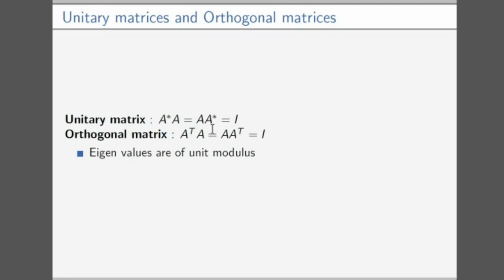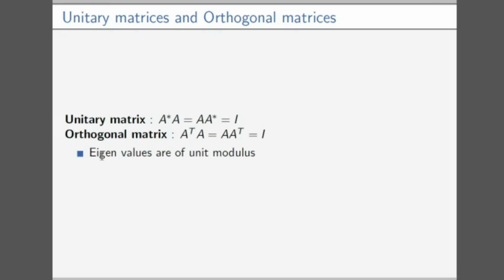Next, we have unitary matrices and orthogonal matrices. Unitary matrices are matrices of the form A star A equal to A A star equal to I. And orthogonal matrices are matrices of the form A transpose A equals A A transpose equals I. And the eigenvalues of such matrices will be of unit modulus.